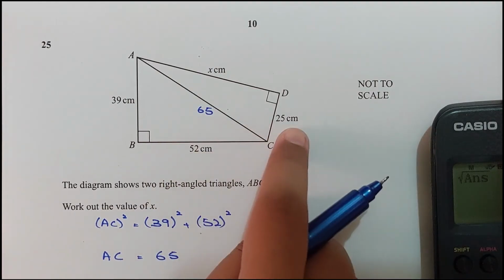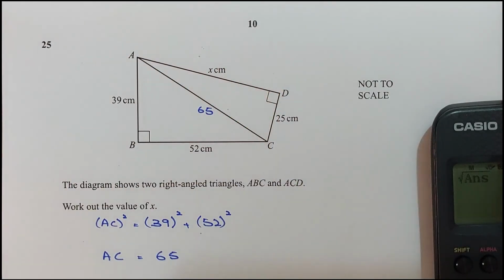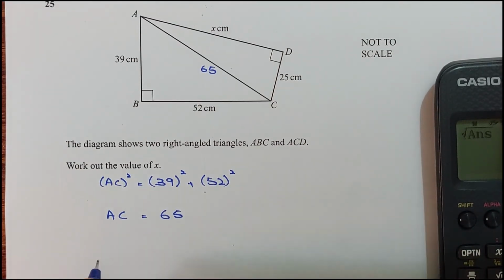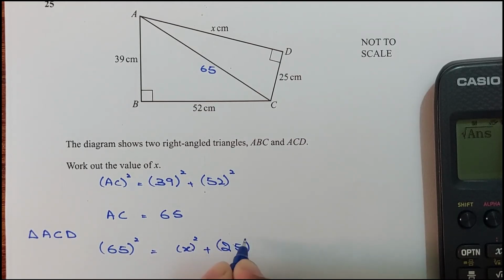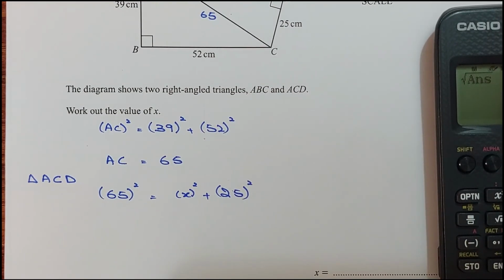We know the hypotenuse and one leg. We can find the value of x again by using the Pythagoras theorem. I'm doing this for triangle ACD, right? Hypotenuse squared equals x squared plus 25 squared, right? Let me solve for x.